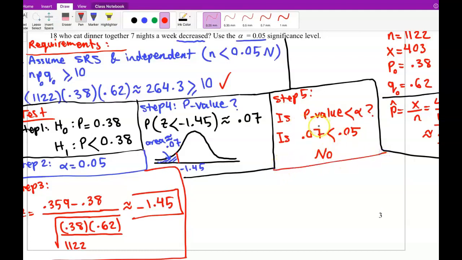Now based on our decision in step 5, step 6. The conclusion is that we do not reject this null hypothesis. I'll write this in Word what that means.